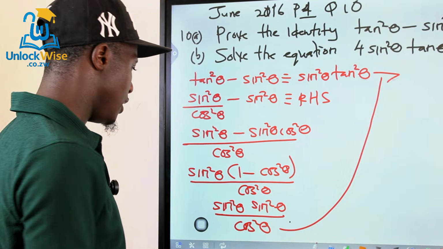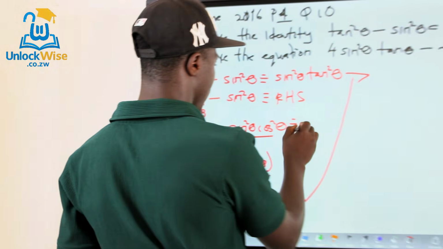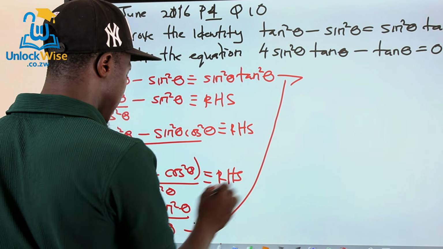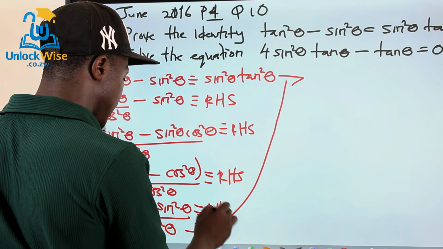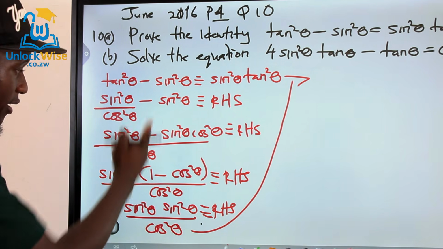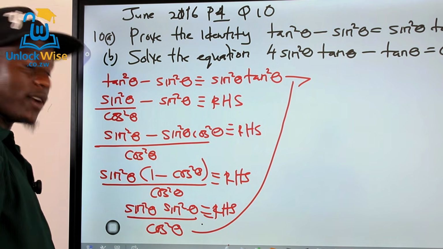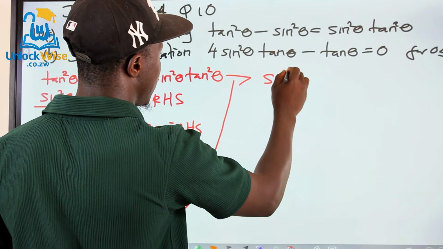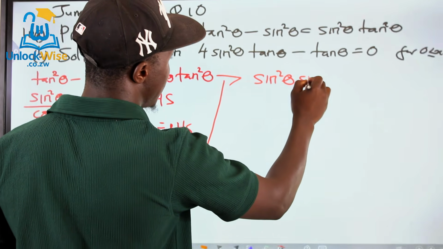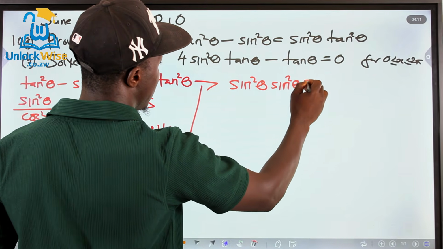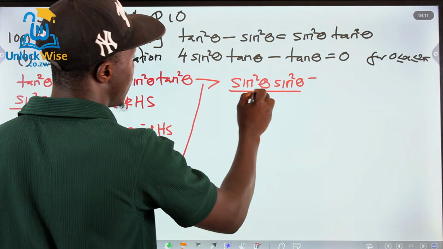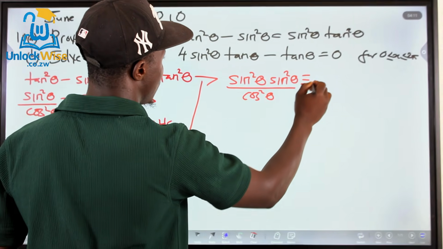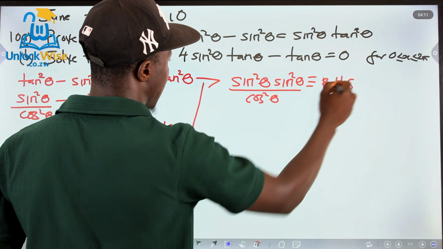Now let's break this down. This is all identical to the right hand side. Make sure you put the identical sign right. So now we have sine squared theta times sine squared theta over cos squared theta, identical to the right hand side.